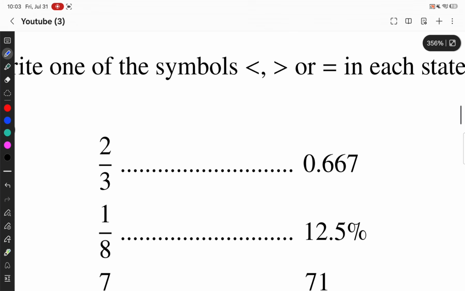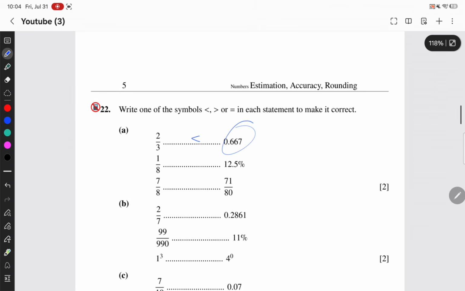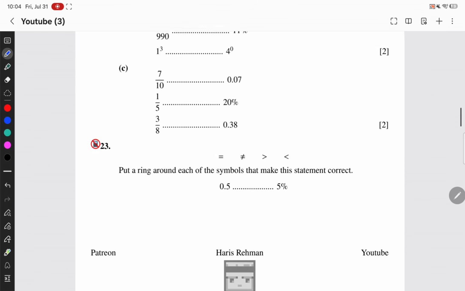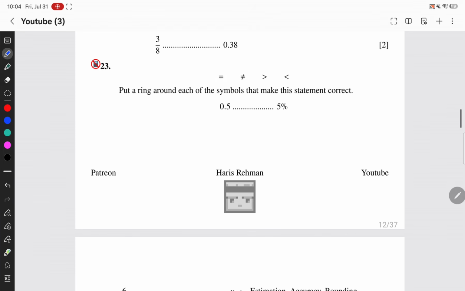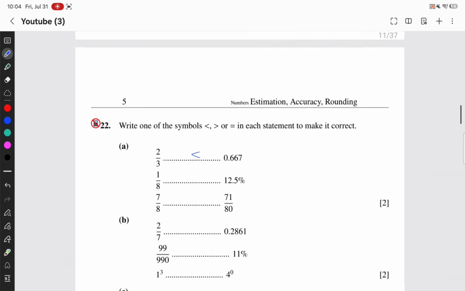Example, 2 over 3 is smaller than 0.667, because this is 0.6666 repeating, but this ends in a 7, so this value is larger, and hence you can place this over here, because 7 is larger than 6, and so on. If you add more values, so on. I hope you guys can understand.